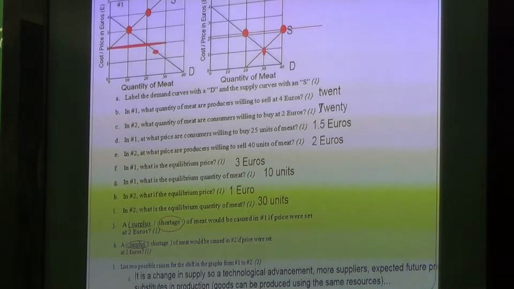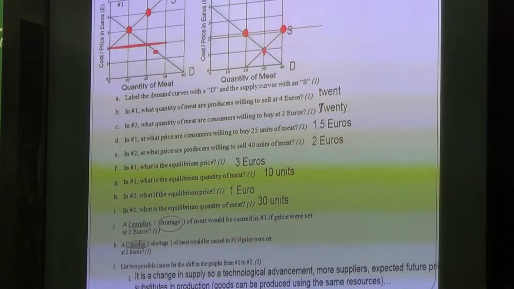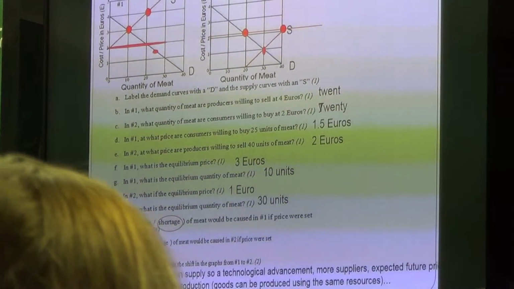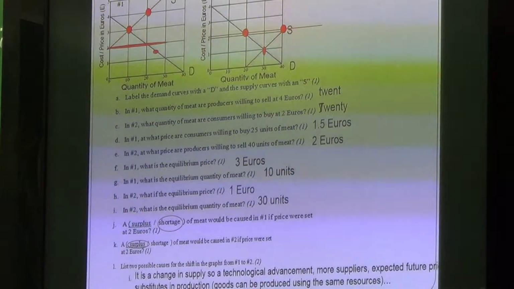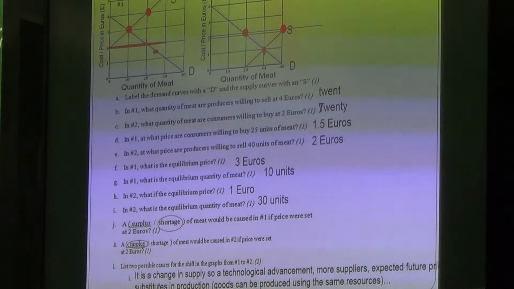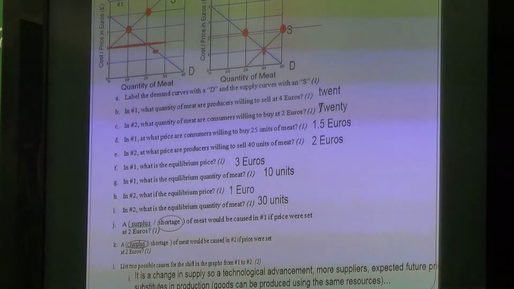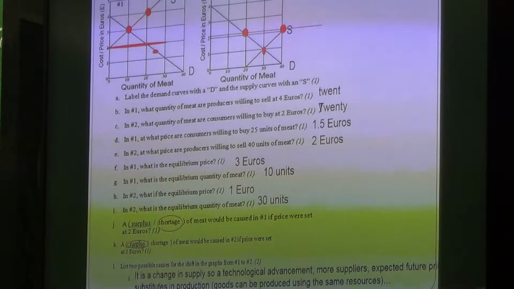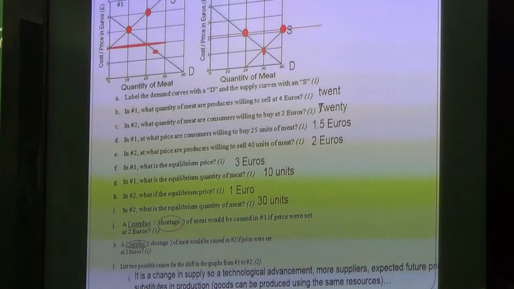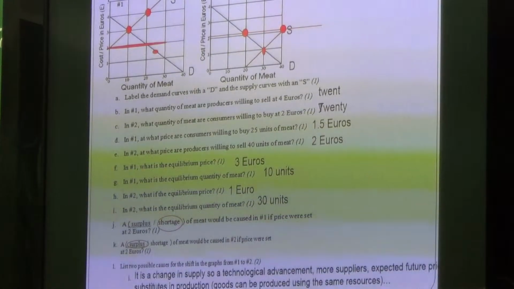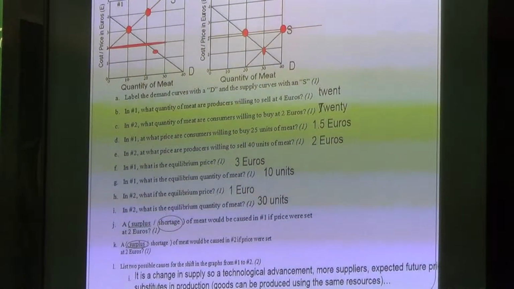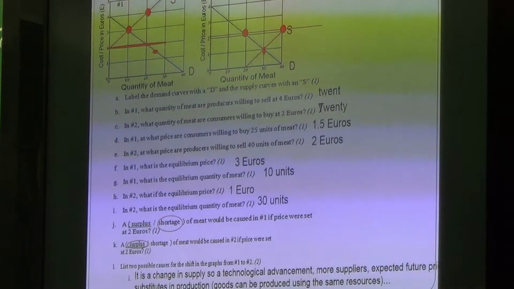And complements in production, goods that must be produced together, so if production of one went down, the other one would shift as well. Also, if there's more suppliers, more people producing that item, the supply would increase and therefore shift.